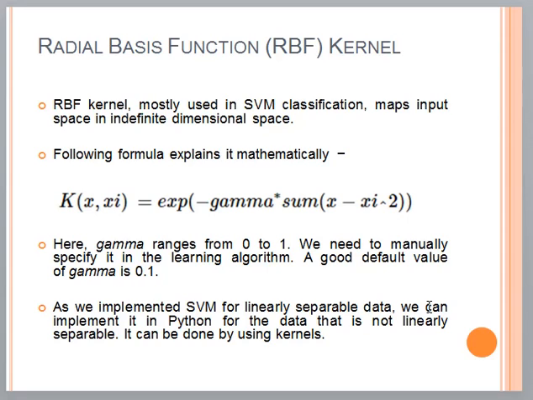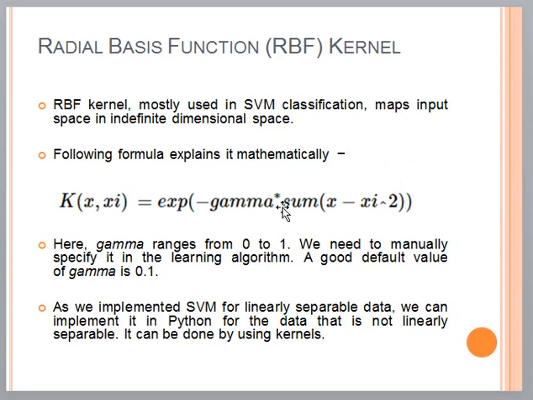So here is the formula which basically explains the radial basis function, and you can see we are using an exponential function here, right? And you can say we have a linear function or a polynomial function with a degree of 2 here.